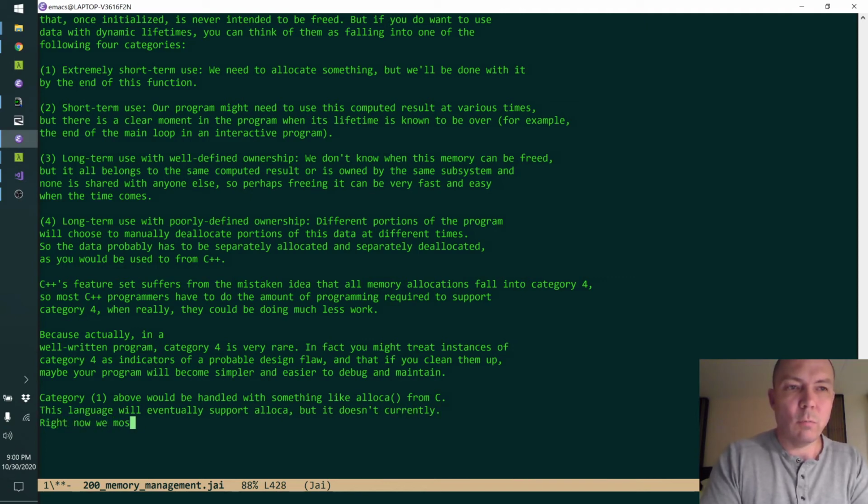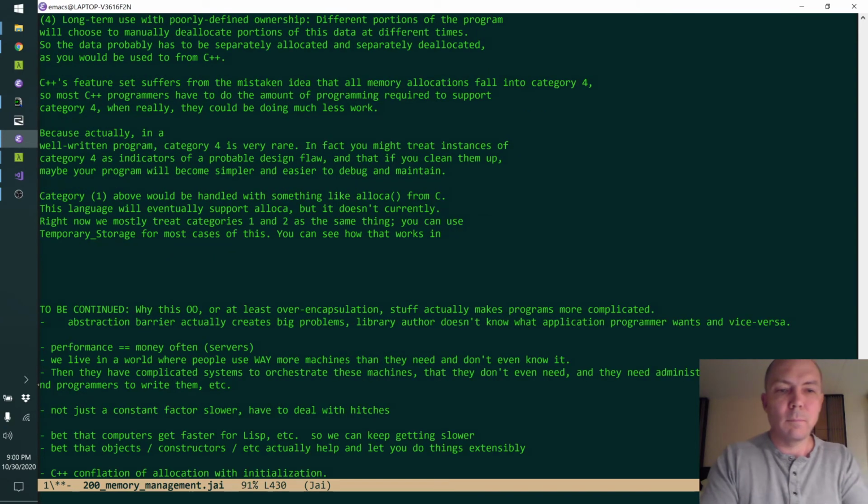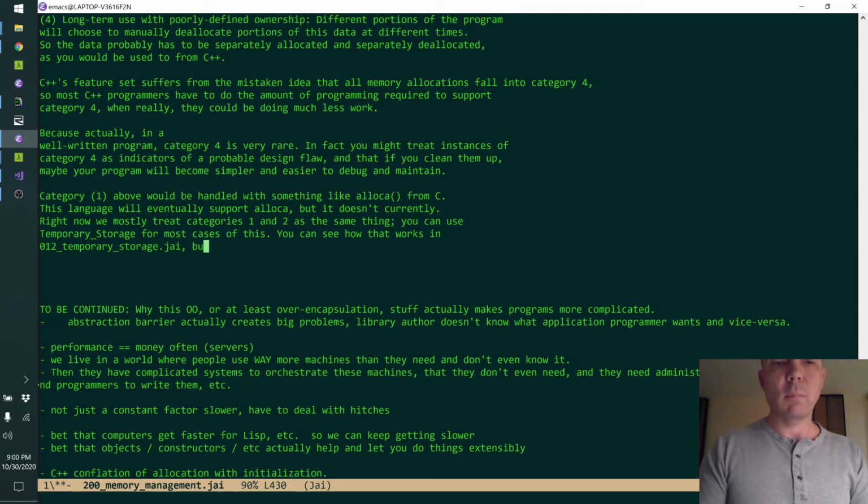Right now, we mostly treat categories 1 and 2 as the same thing. You can use temporary storage for most cases of this. You can see how that works in 012 temporary storage.